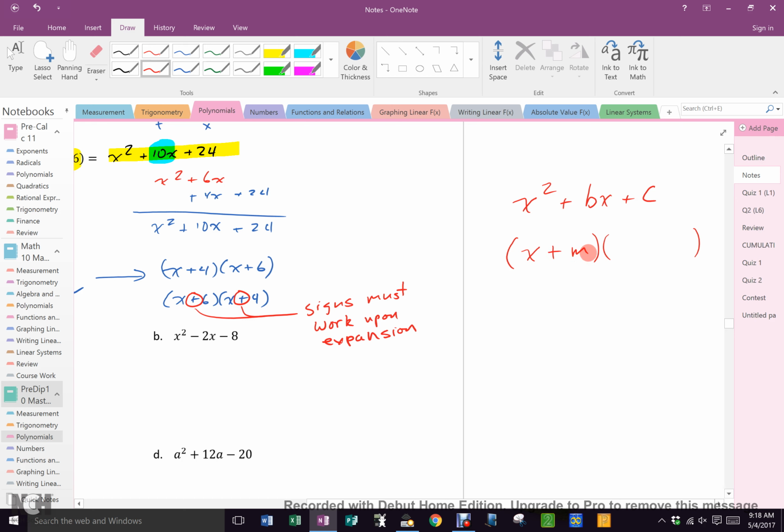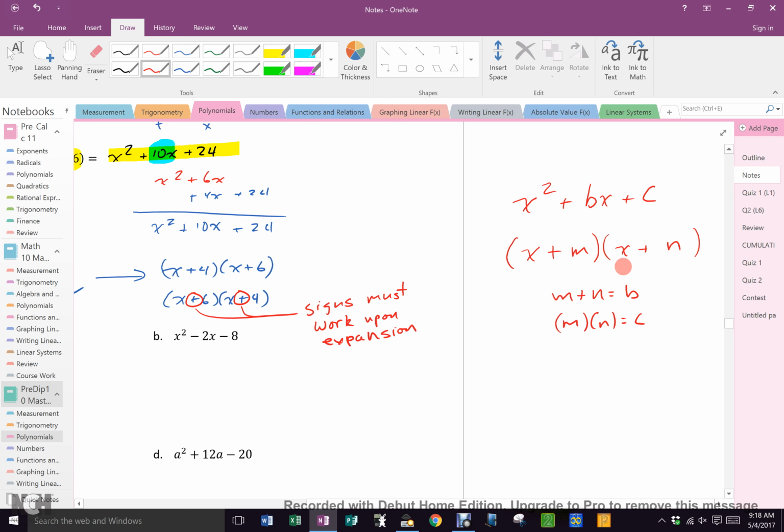I'm going to use m and n. And m plus n must equal b, and m times n must equal c. Something like that, Tavleen? Is that what you're looking for? Okay.